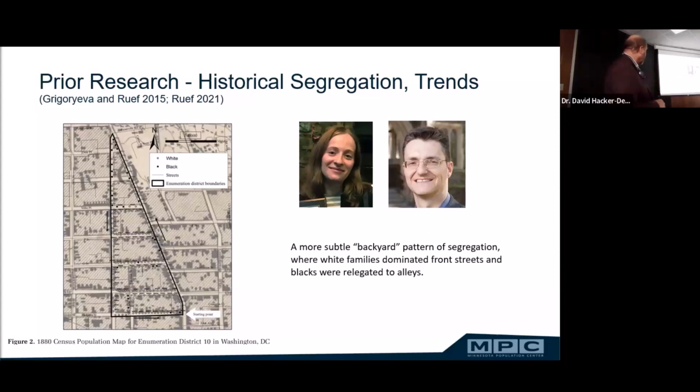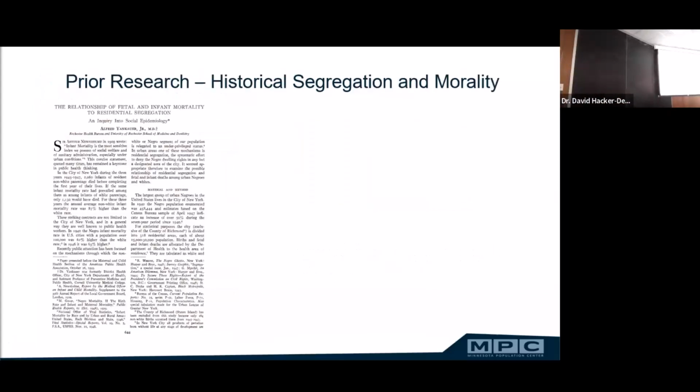And what they found was an interesting, what they called a front street, back alley kind of pattern of segregation, where, yeah, maybe there's a low level of dissimilarity index in Washington, D.C. in 1880, but there's massive racial residential segregation within enumeration districts, right? So they developed an index, which we're going to use and apply here.